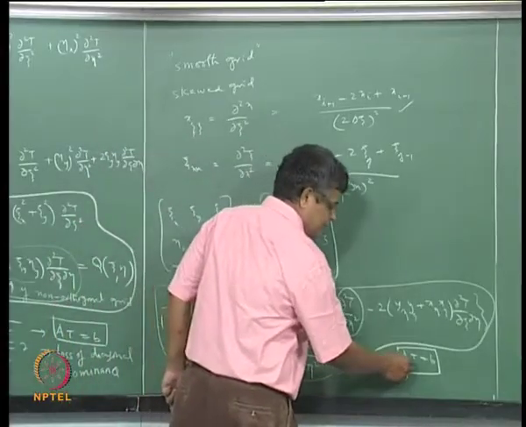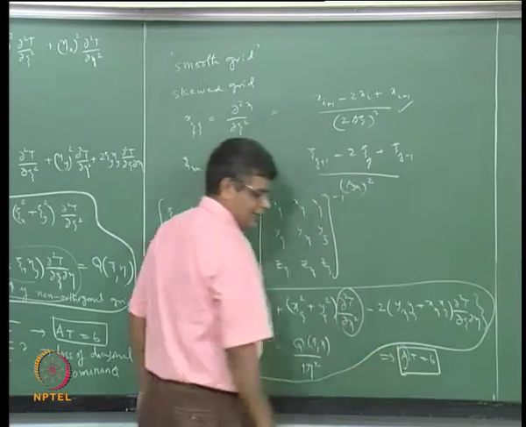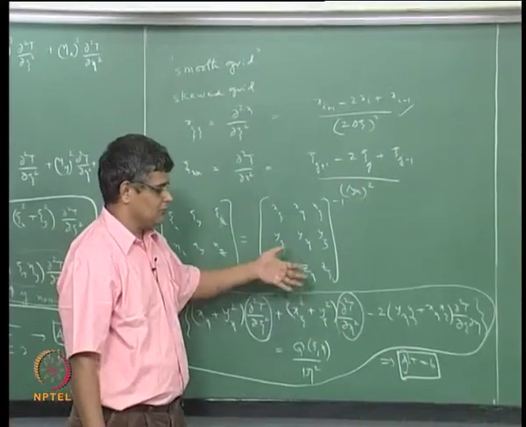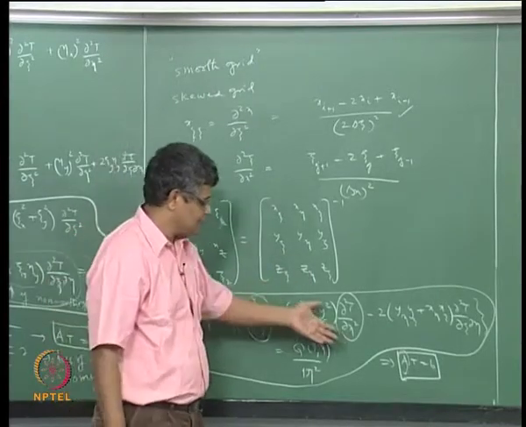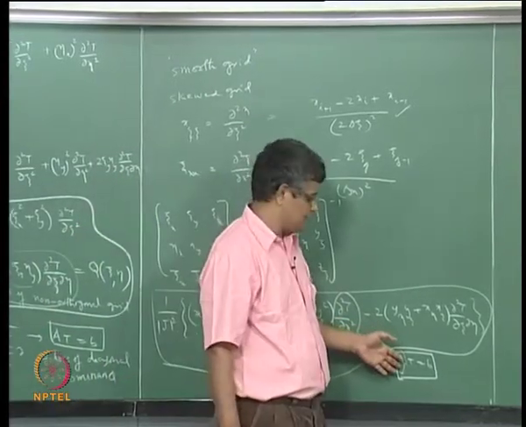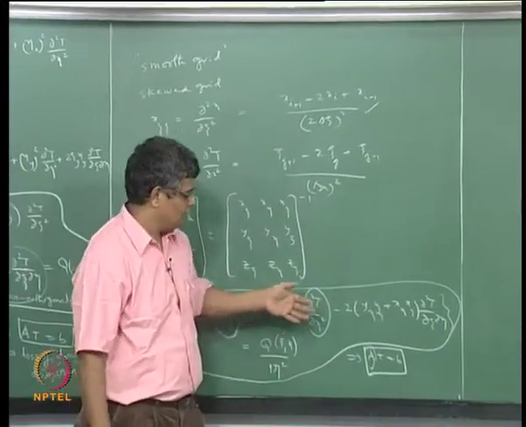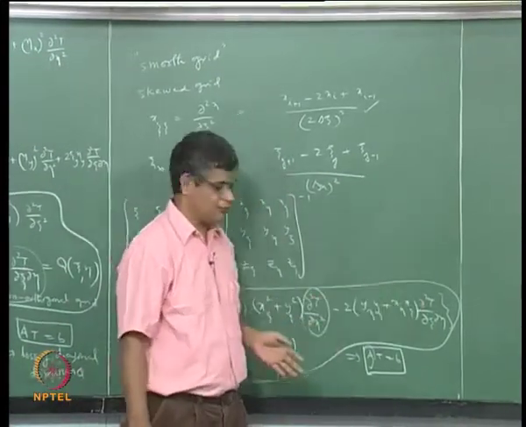And depending on the structure of this A matrix, we may choose to use either a Gauss-Seidel method if, for example, the diagonal dominance is preserved. If it is not there, then we have to choose something else, some other method, or we have to treat this term as a deferred correction.